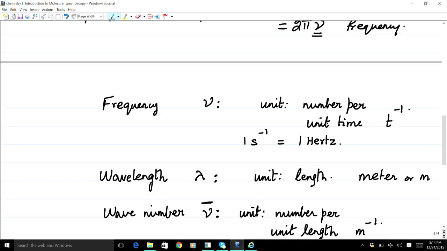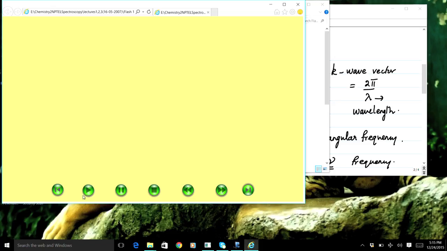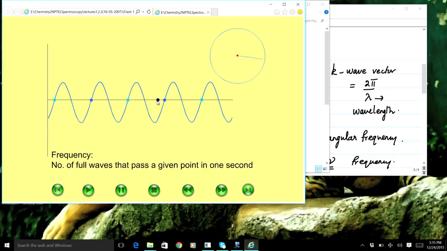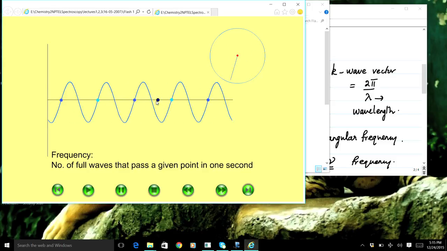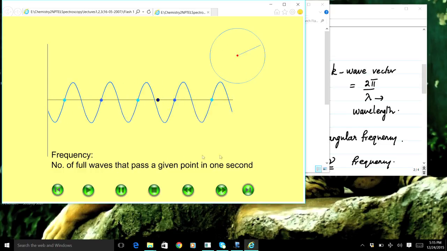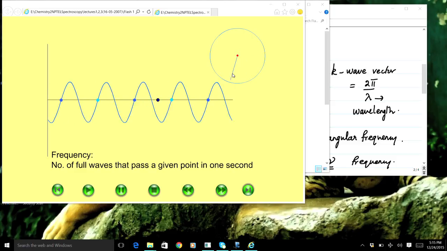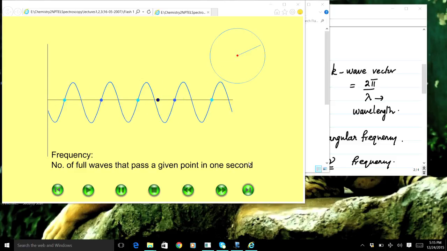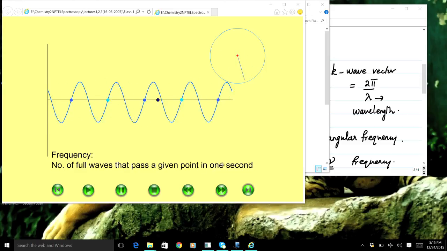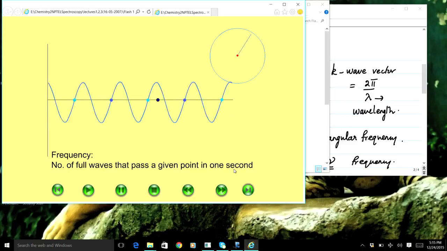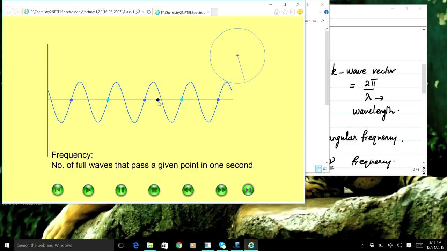In the oscillation here, you can see that the frequency is the number of waves, for example, passing through this point, the blue dot that you see here, in a unit time. So it is the number of full waves that pass a given point in 1 second, the time is in seconds, and the number per second is called the frequency.